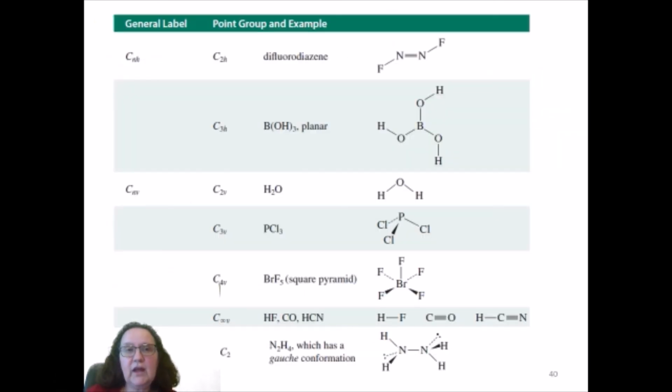The following slides are just examples of molecules that belong to each of the point groups that I've mentioned in the character table, and that you can use to practice to see if you can identify those molecules as belonging to those point groups.